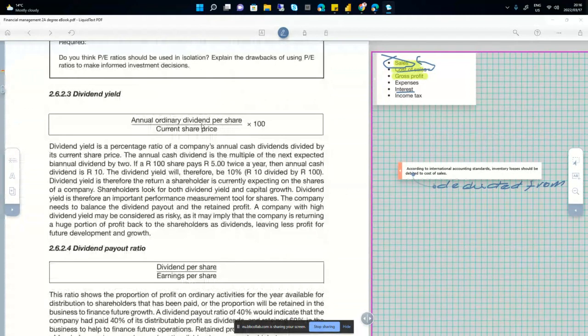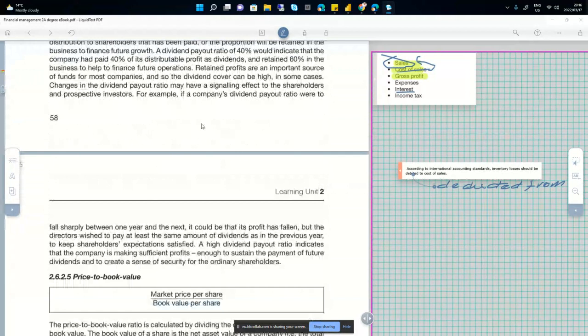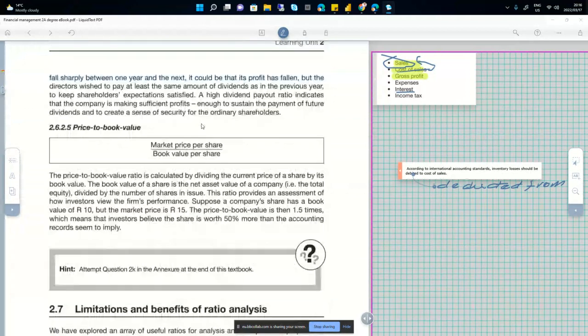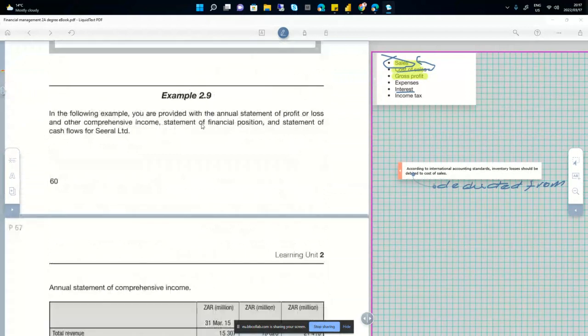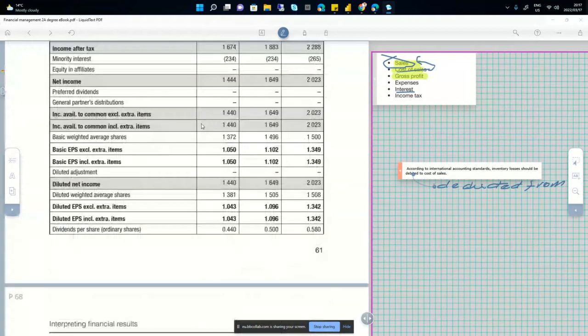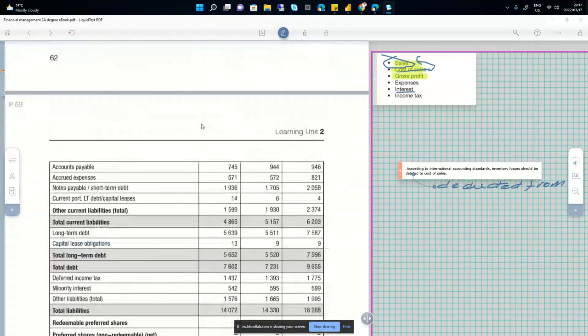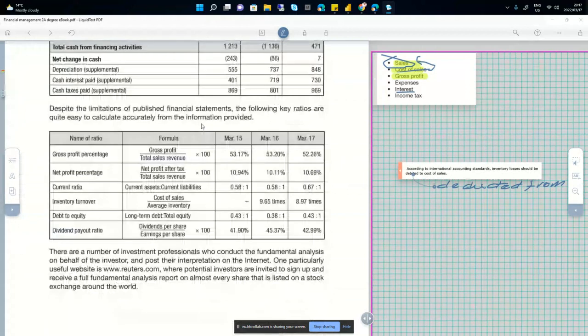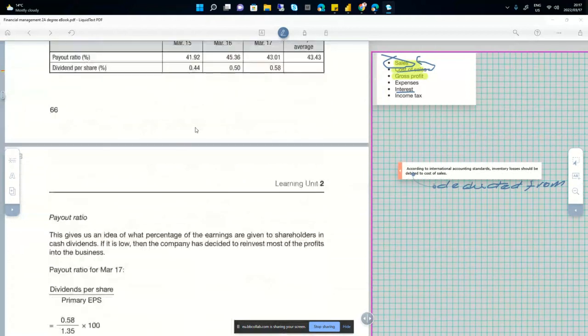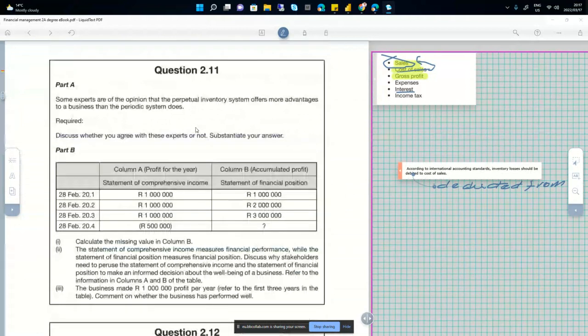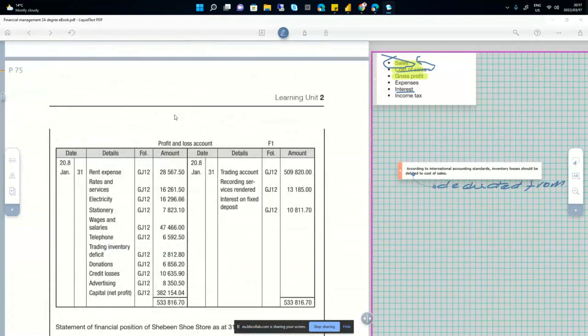Dividend yield, dividend payout ratio, price to book value: quite important little ratios that you can familiarize yourself with. And when you get a question, it is basically to understand. We want to know if you understand these. So that's quite a good read with a lot of examples.